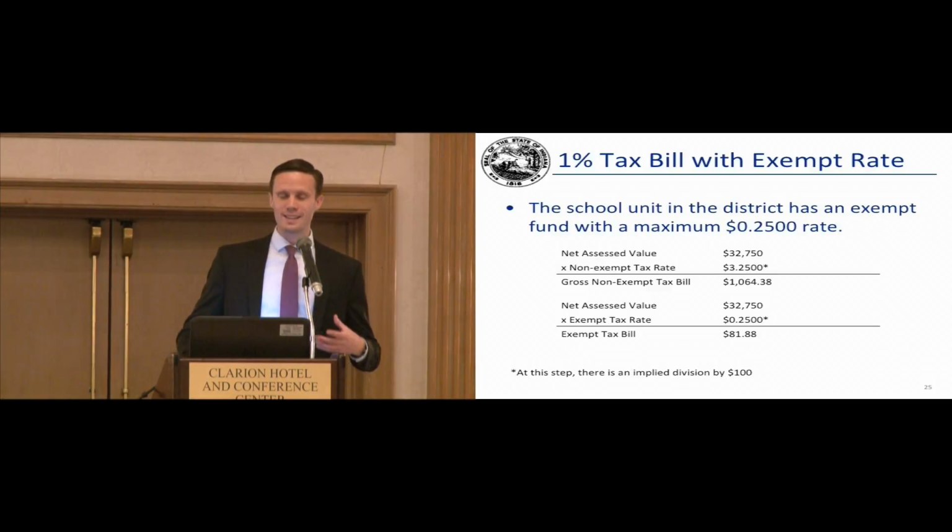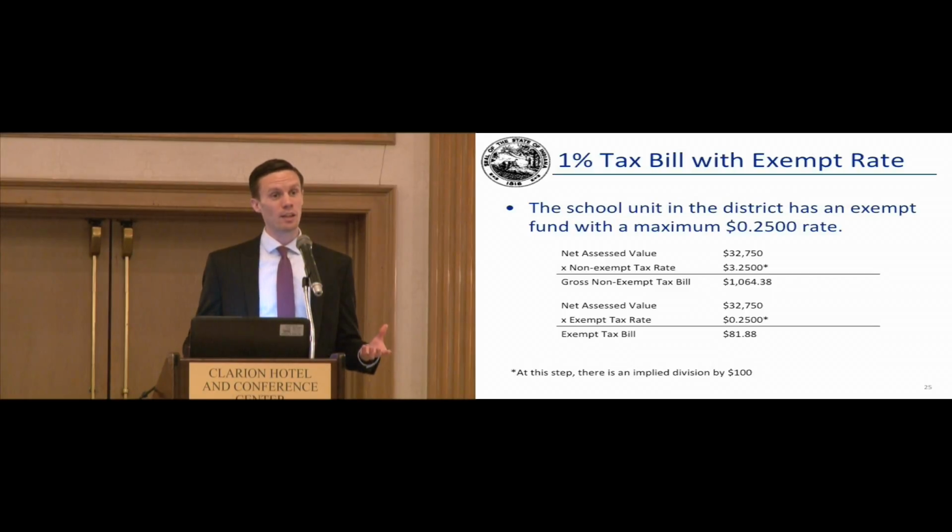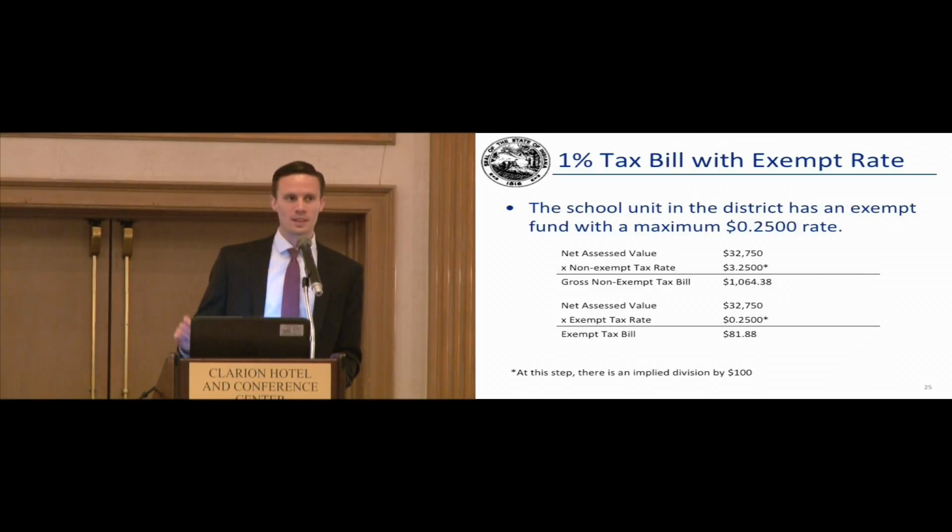One of the ideas behind circuit breakers is that taxpayers within a given area have the option to choose to raise that cap, or to choose to allow a taxing unit to have a rate that's exempt from the property tax caps. So I'm going to talk theoretically about a school that has a 25-cent exempt rate in the instance of a tax bill that otherwise would be at the property tax cap, and identify what the impact is going to be for that particular taxpayer.